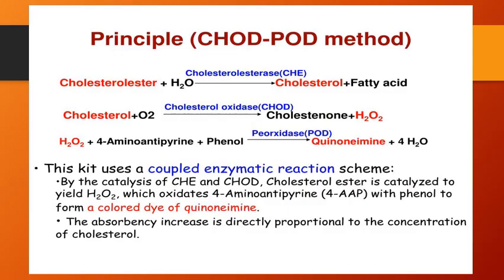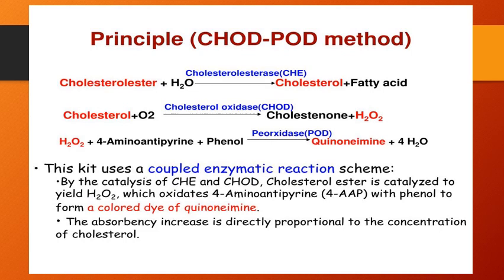Coming to the principle of the method by COD-POD, the cholesterol oxidase peroxidase method. As we know, cholesterol is present in the esterified form, up to 70 to 75%. This cholesterol ester, when hydrolyzed with the enzyme cholesterol esterase, releases free cholesterol and free fatty acid.